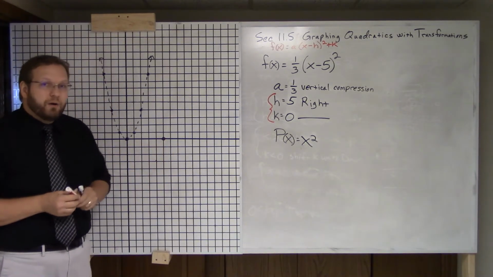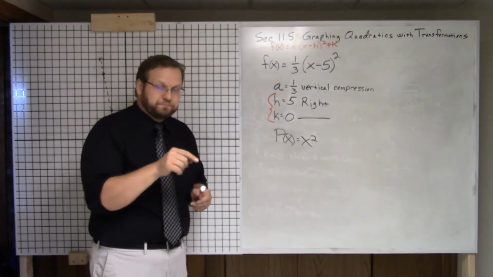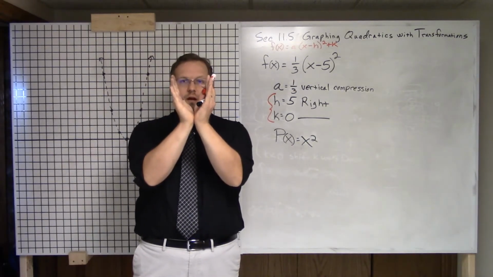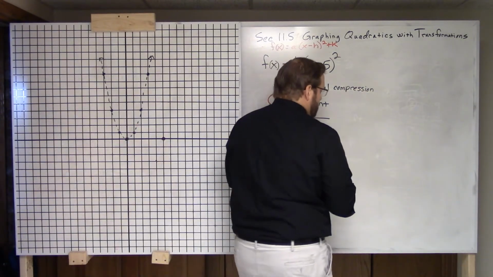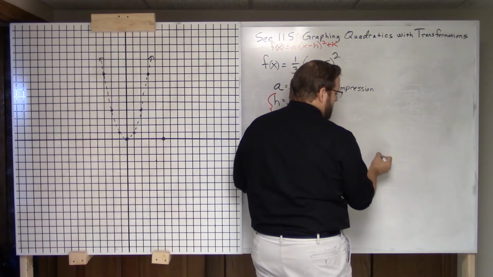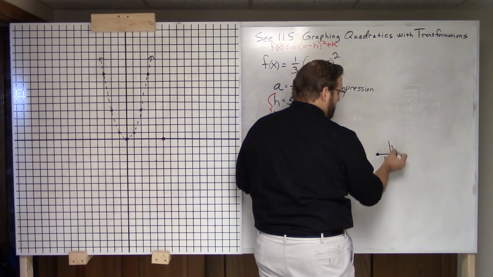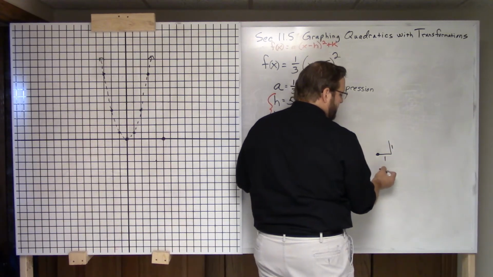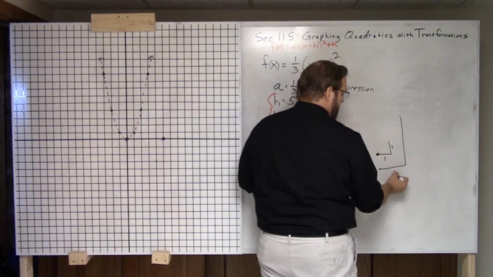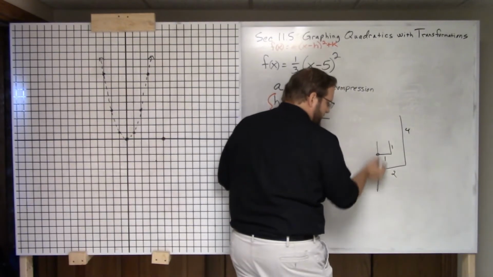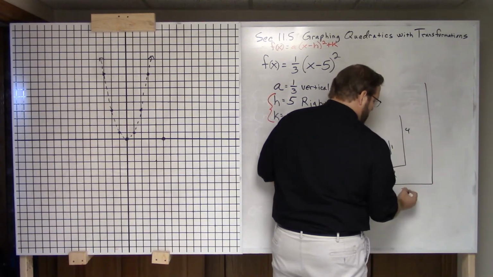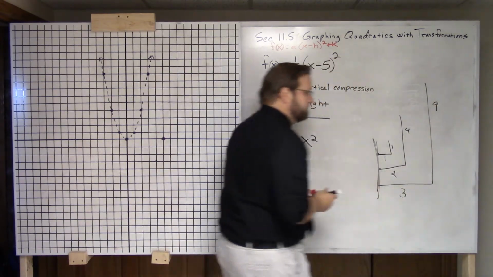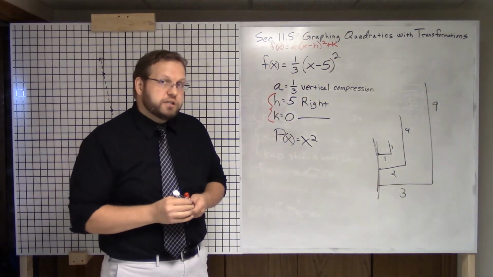Okay. Now, the vertical compression. What should happen is my normal graph gets pressed down. Normally, from my vertex, I go right 1, up 1, then I go back, and I go right 2, up 4. Notice I'm still at that vertex right here. Then I go back and go right 3, up 9. I'm changing this vertically.